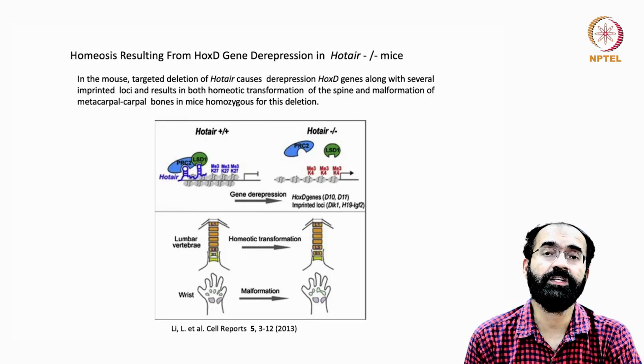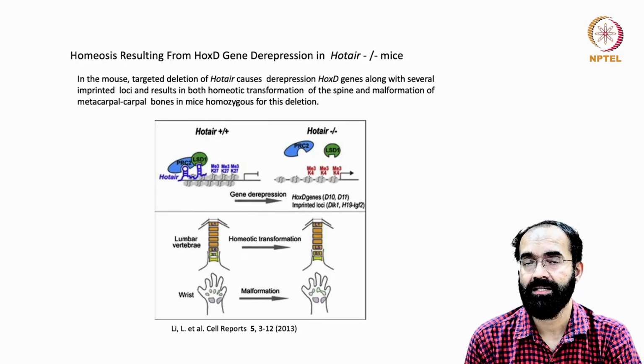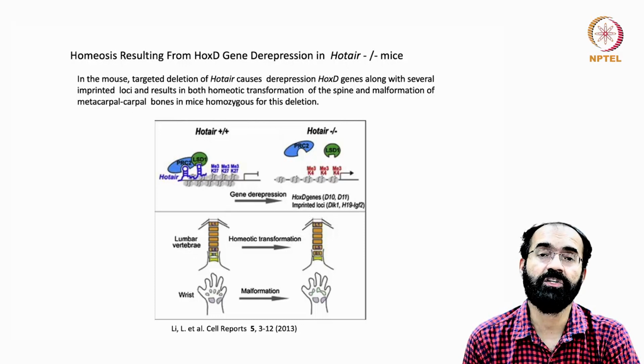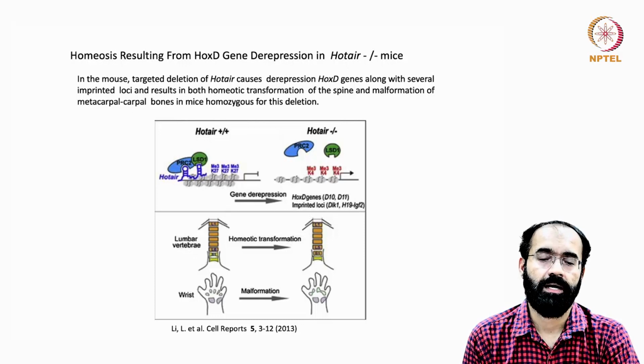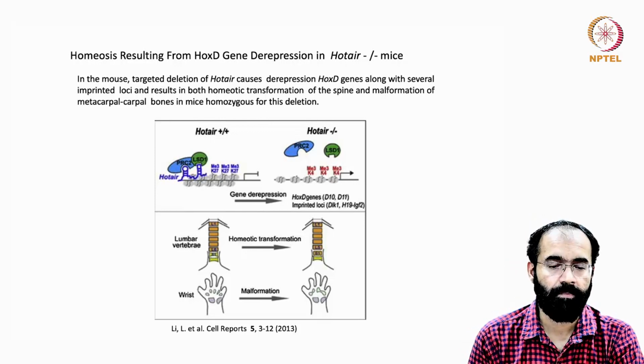Now if you get rid of HOTAIR in a mouse, then naturally the repression will not happen. HOXD will not be repressed. Such a situation is called HOXD derepression. Derepression means absence of repression, which means expression is allowed.